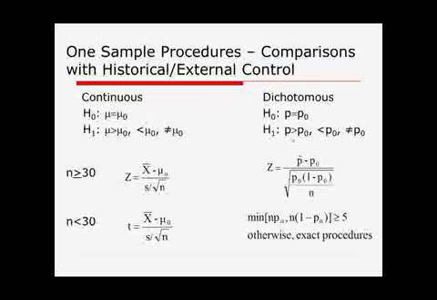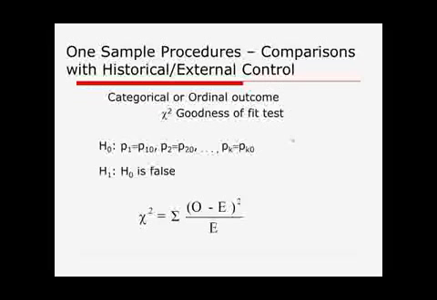The left side of this sheet is for a continuous outcome, the right side for a dichotomous outcome. And I'll show you one more example. You could have a categorical or an ordinal outcome, and you do the same thing. Now, when you have categorical or ordinal outcomes, and you're comparing against some known values, you use what's called a chi-square goodness of fit test.